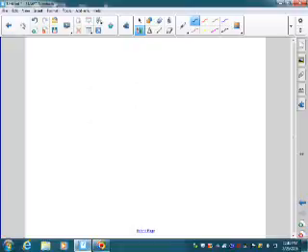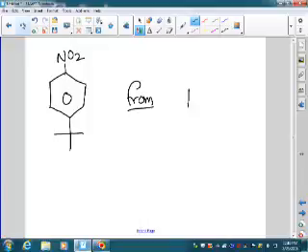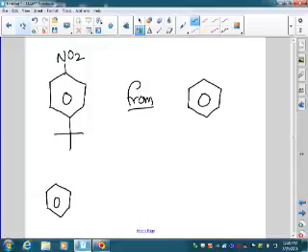Okay. T-butyl nitrobenzene. So we have a nitro here, and on the para carbon, we have a T-butyl. And again, from benzene. Yeah, this looks like a two-stepper, doesn't it?